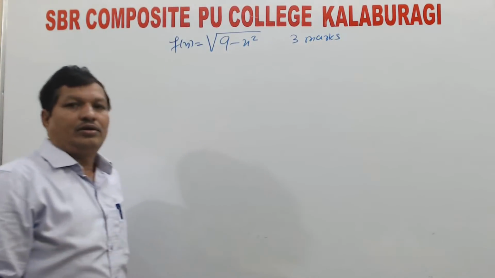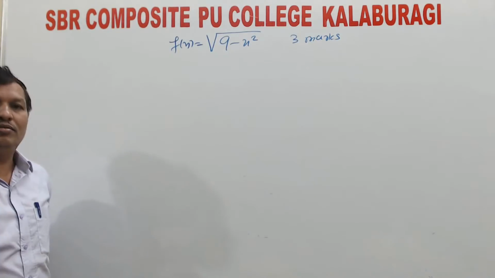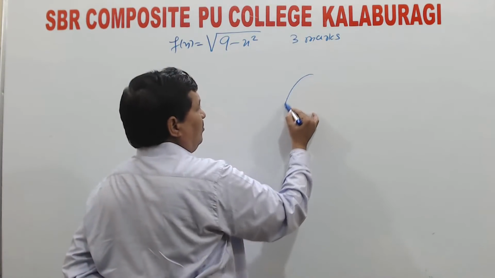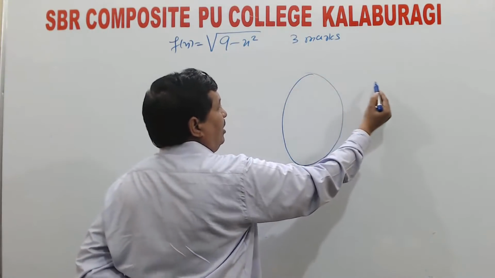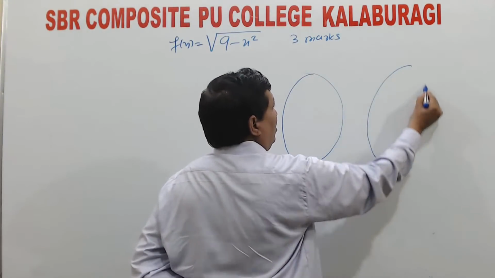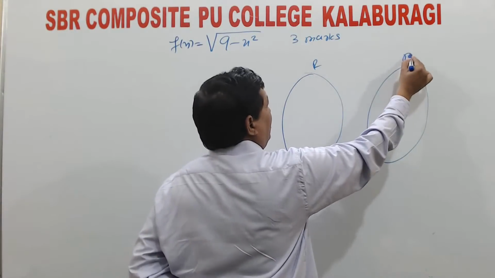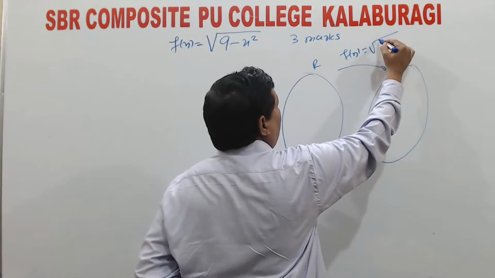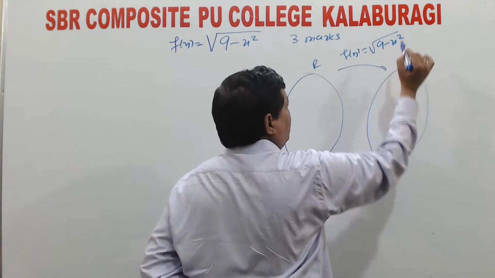This is a very important question. Now, here also first I have to consider real numbers. F of X equal to root of 9 minus X square.